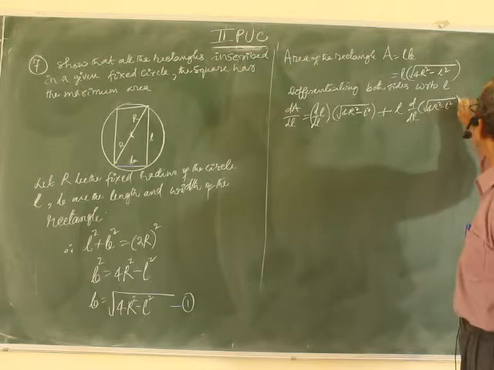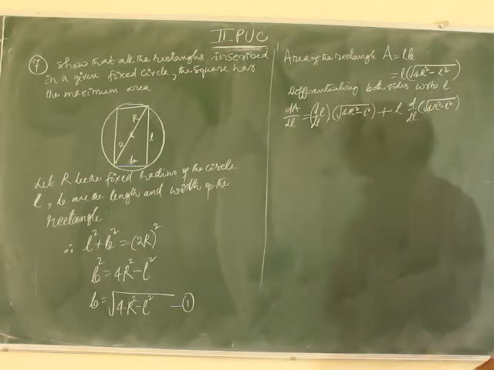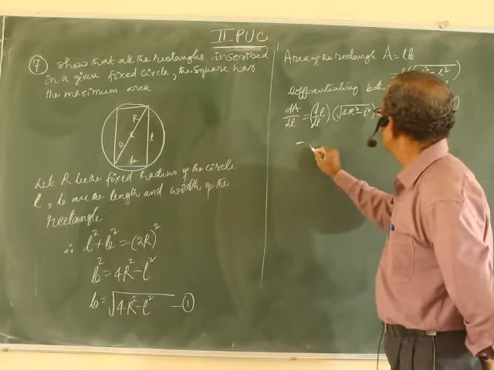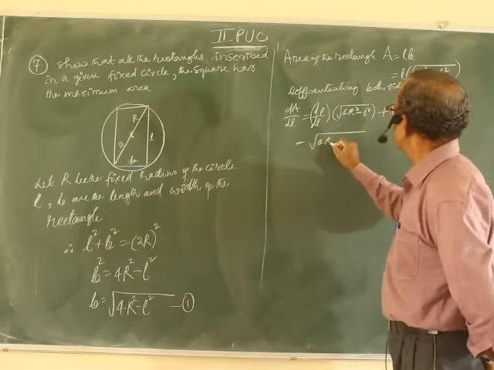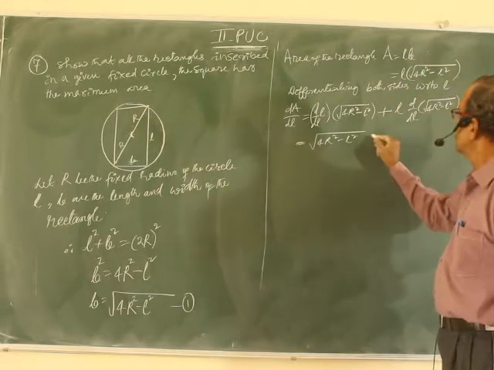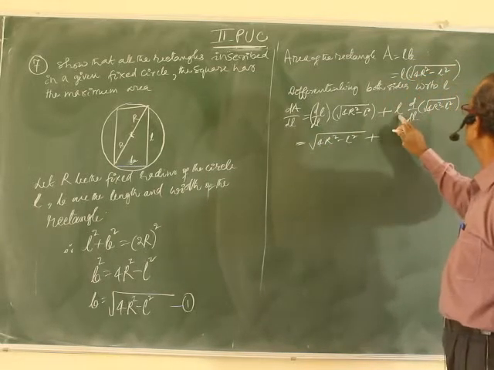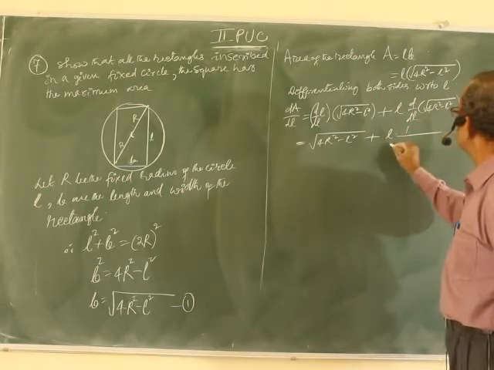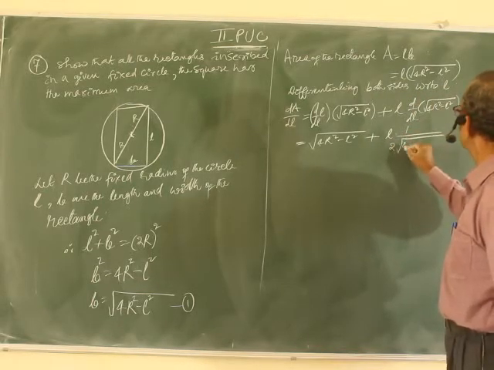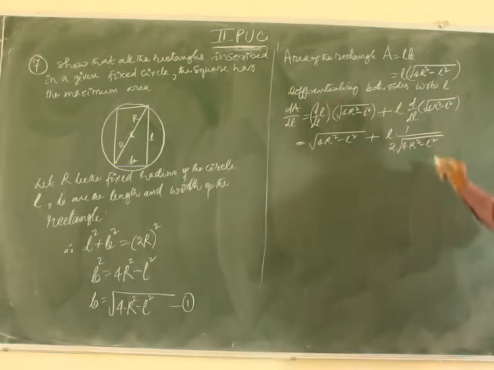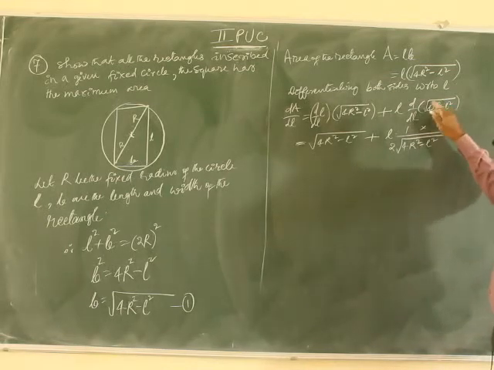Remember the variable is L. So it is 1 into root of 4R square minus L square, plus L into 1 by 2 root of 4R square minus L square, into the derivative of 4R square minus L square.